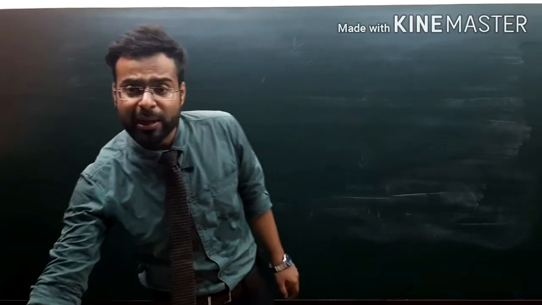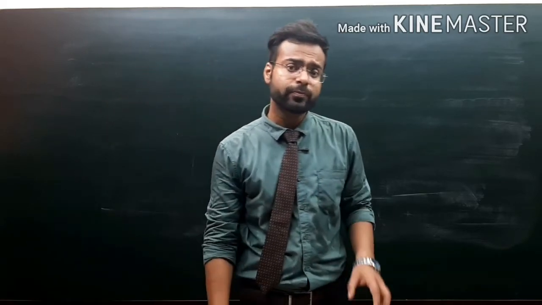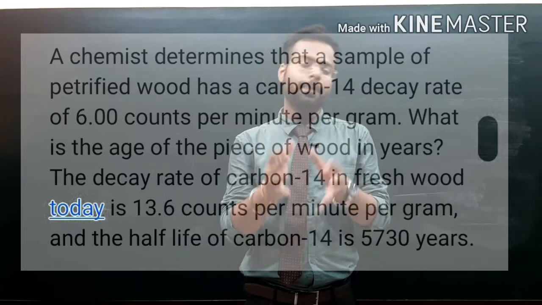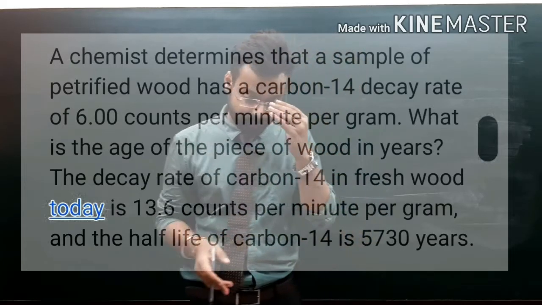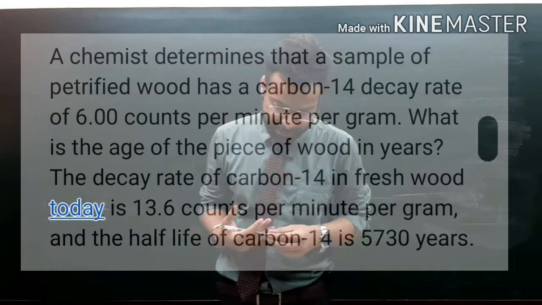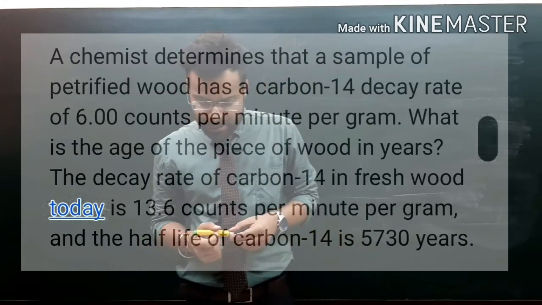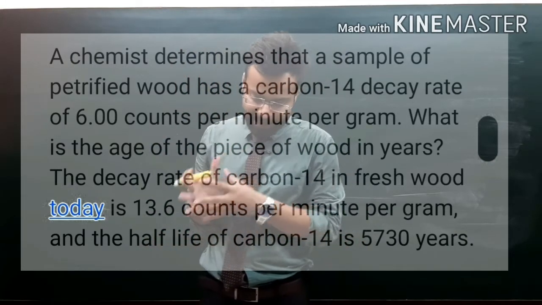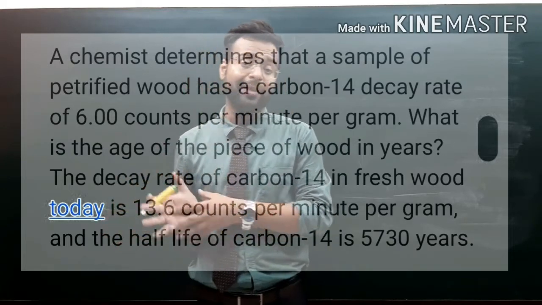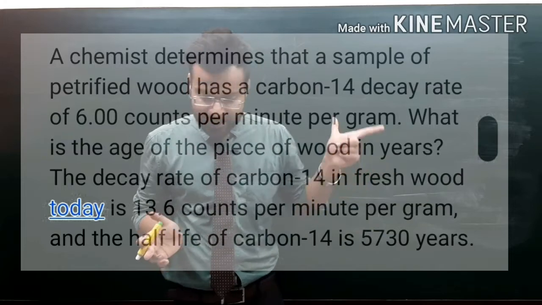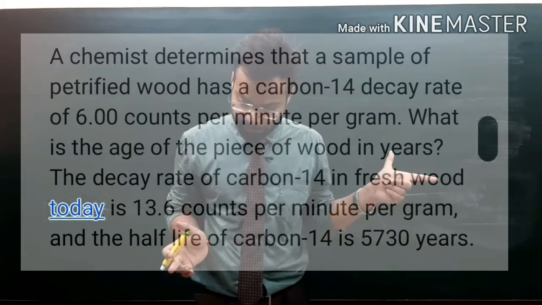So we will be doing 3 numericals on it, and they are appearing on your screen. We're starting with the first one, and it is a very, very simple kind of question. It says, a chemist determines that a sample of petrified wood, now petrification is a method I have already discussed in the previous video, and how it is a method of fossilization.